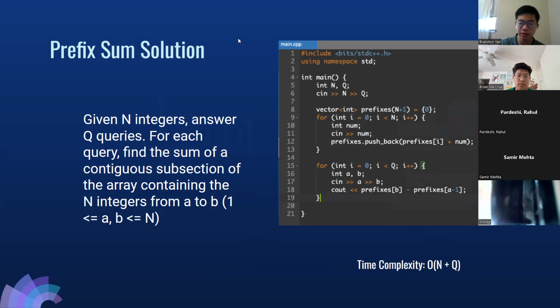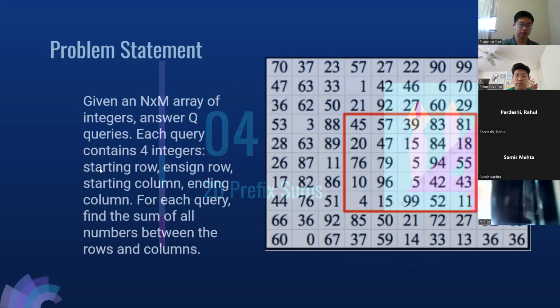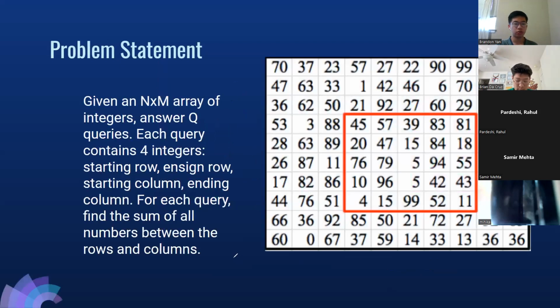Okay, so now we learned about prefix sums, but now let's go over 2D prefix sums, which is the same thing except for summing the elements of a 2D array. Given this right here, we want to find a way to sum a section of a 2D array. So the summing of this section would be called a query.